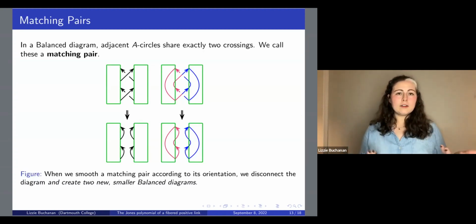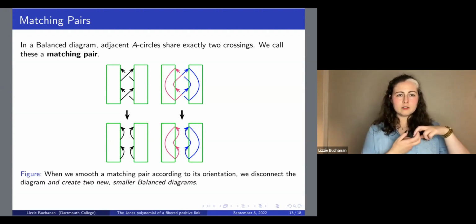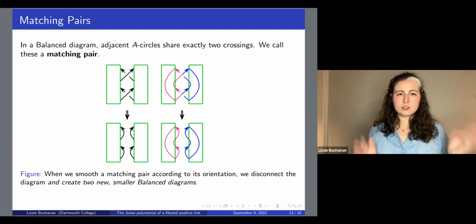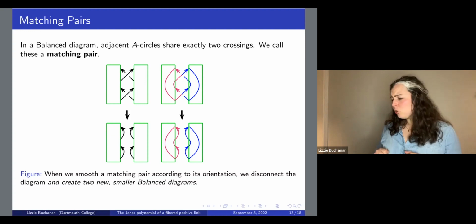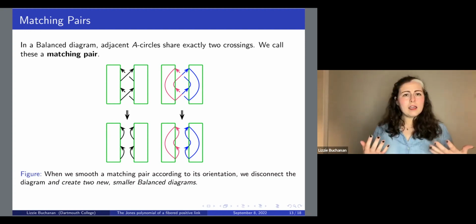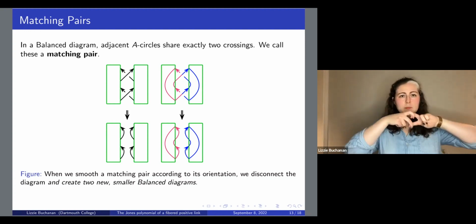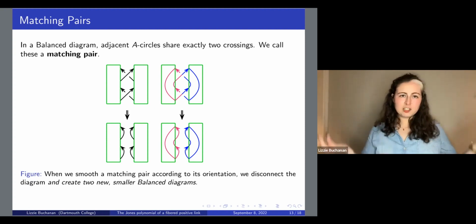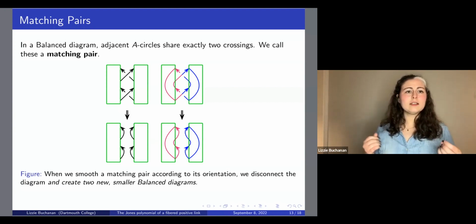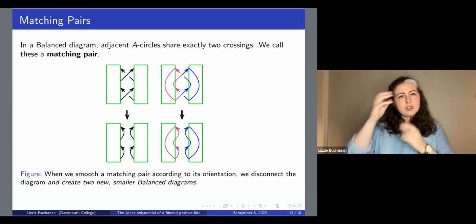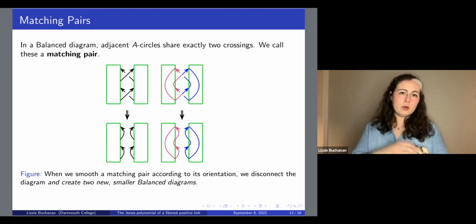So in a balanced diagram, by definition, adjacent A circles will share exactly 2 crossings, no more, no less. And so I'm just going to go ahead and call every such pair of crossings a matching pair. And this is a suggestive name because we're going to find that there is a match between the B circles and the link components.